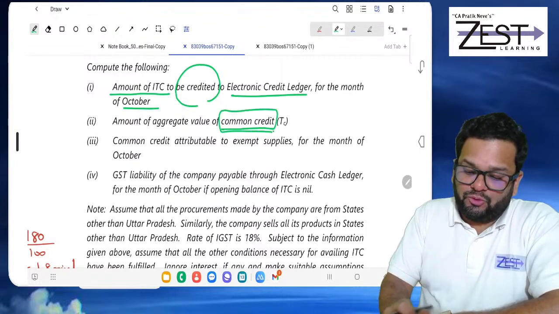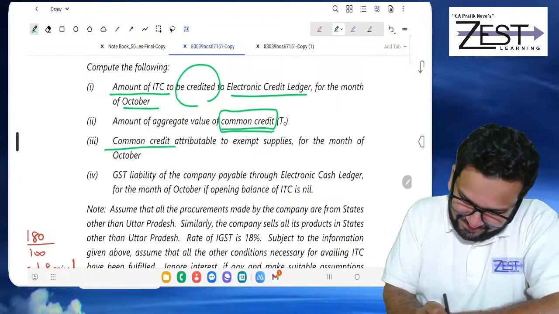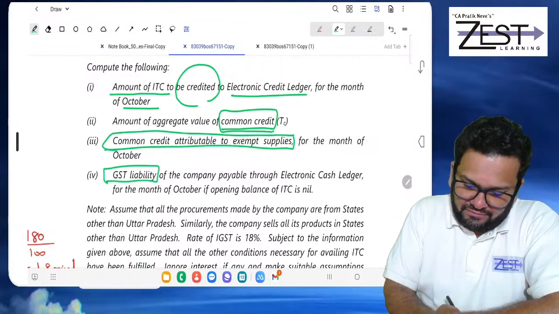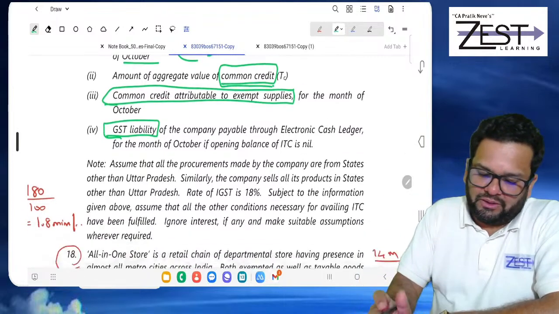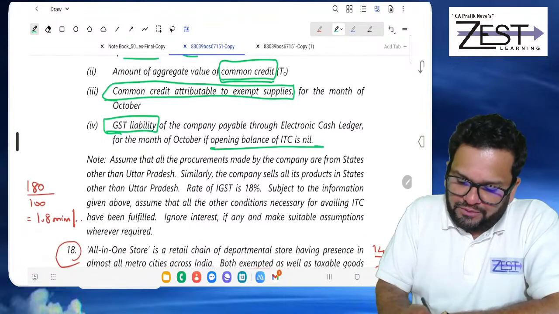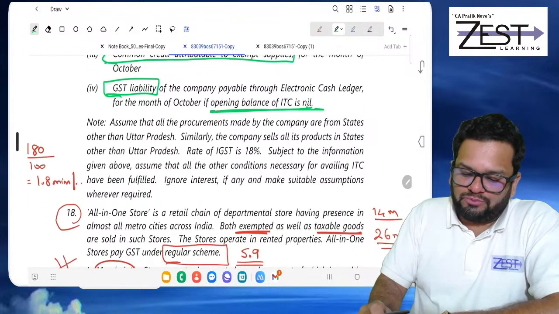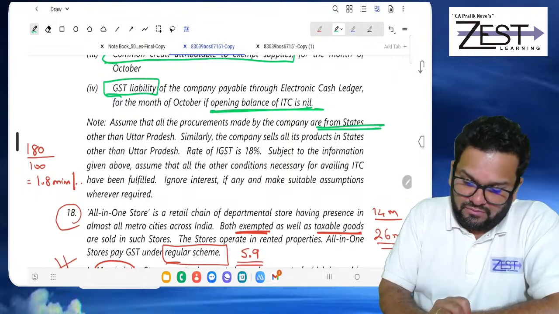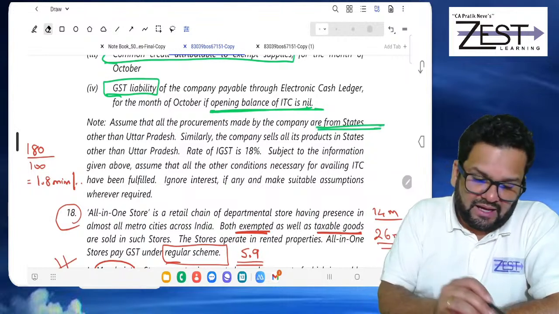Common credit attributable to exempt supplies. GST liability of the company payable through e-cash ledger for the month of October if opening balance is nil. Assume that all procurements made by the company are from states other than UP.